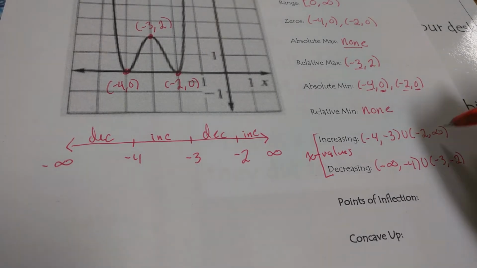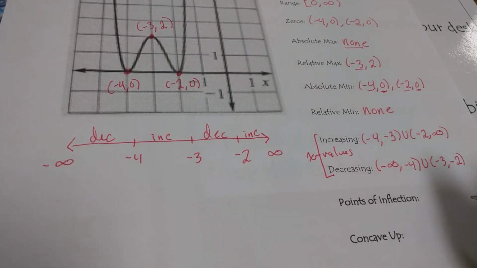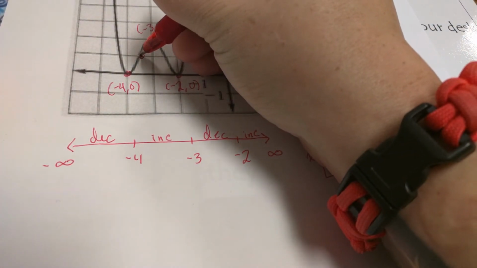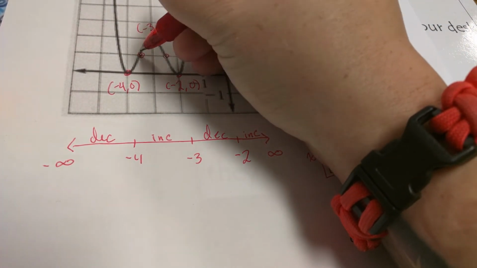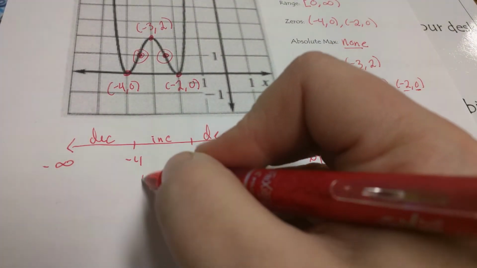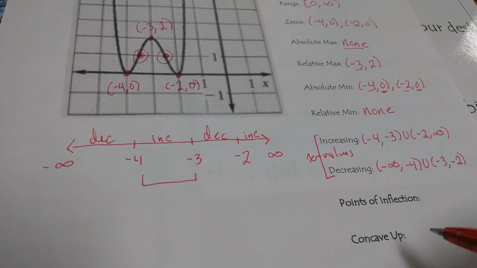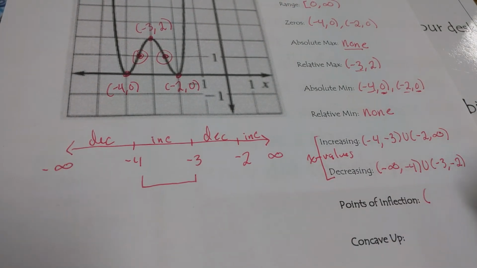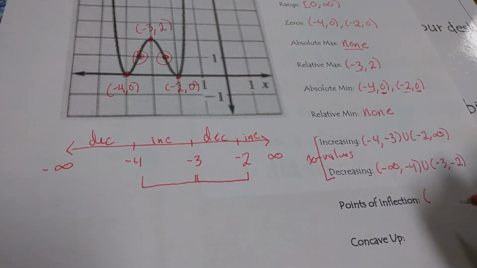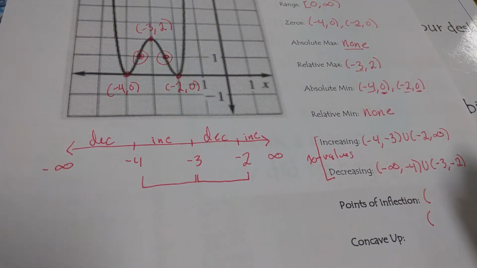So to find our points of inflection, we are going to find the middle points here of our graph. These are our points of inflection. So we're going to average these two numbers together to get a point of inflection. And we're going to average these two numbers together to get a point of inflection.